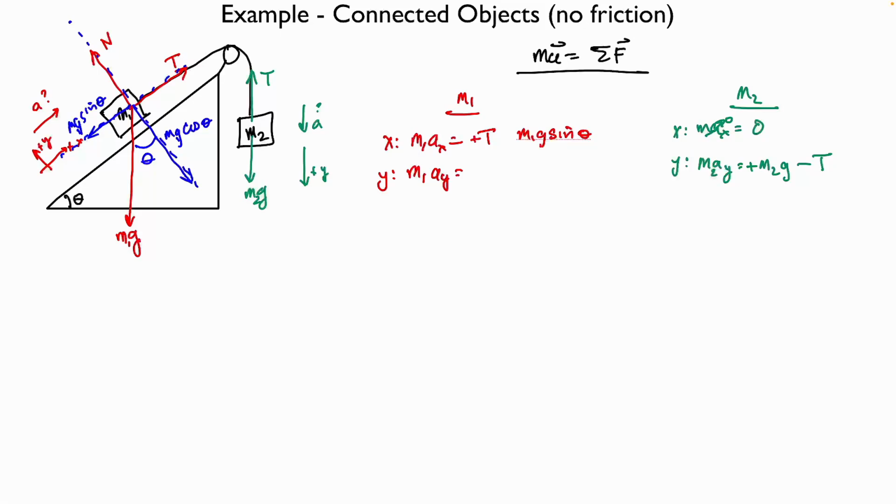All right, m1g sine theta, pointing up or down the slope, positive or negative? Negative. Okay. Y direction. Looks like we have a normal and an m1g cosine theta. Normal force, positive or negative? m1g cosine theta. All right.